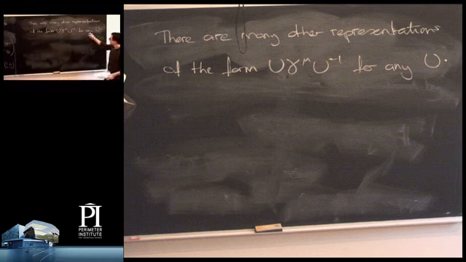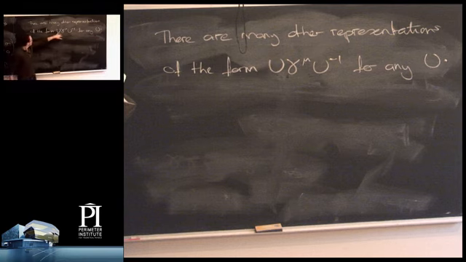If I take any invertible matrix U and multiply these gammas on the left by U and on the right by U inverse, it still satisfies the Clifford algebra. However, there's a theorem that up to this equivalence, this is the unique irreducible representation of the Clifford algebra.